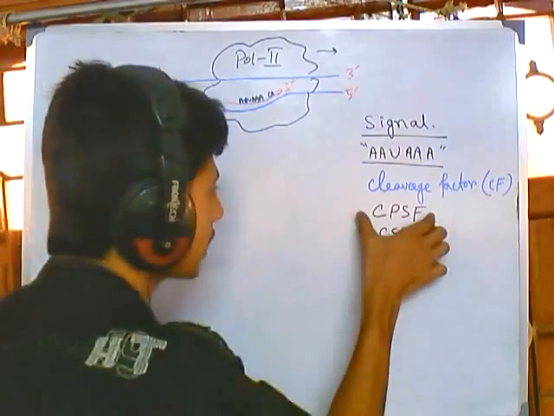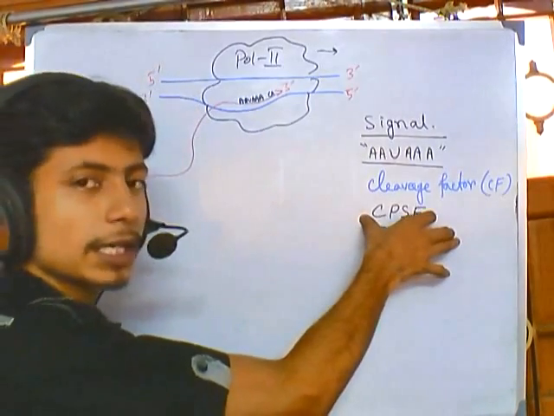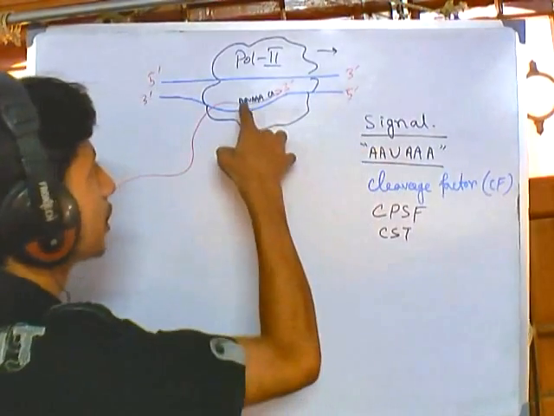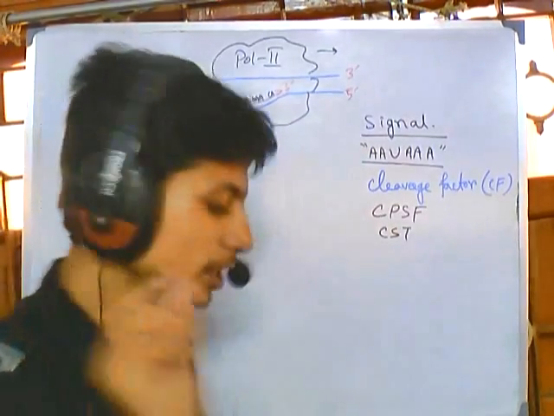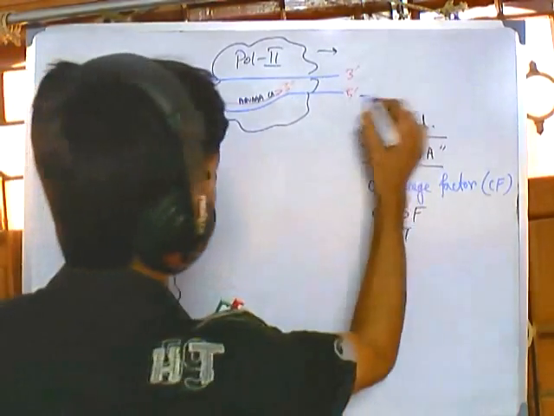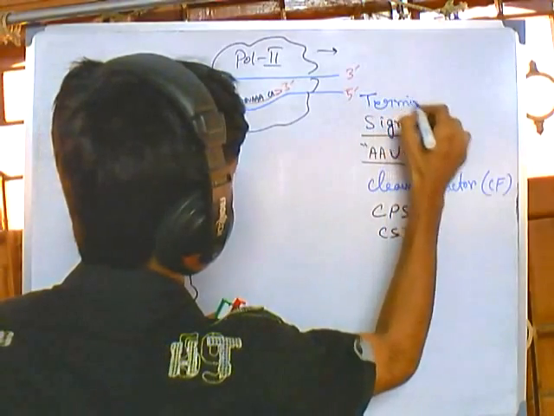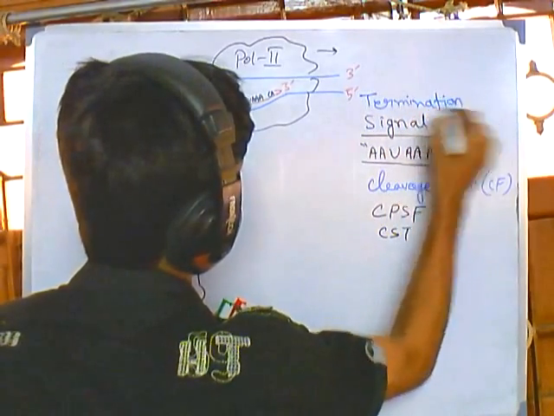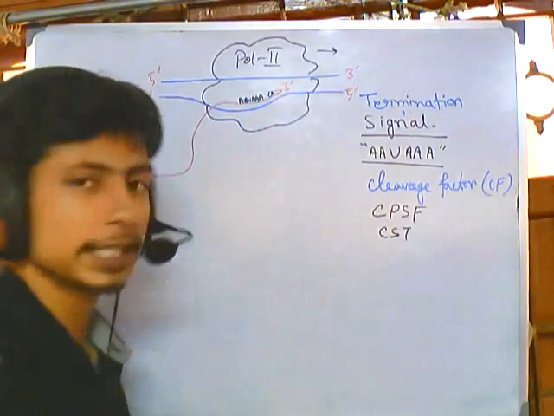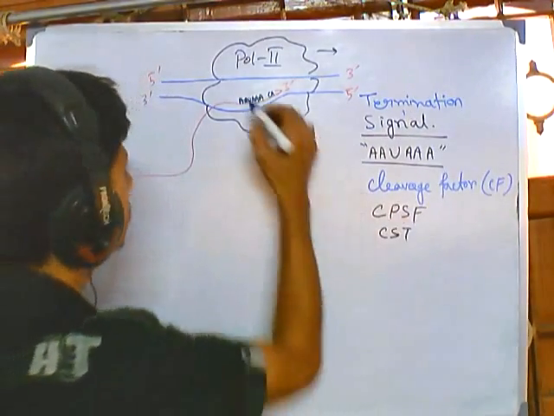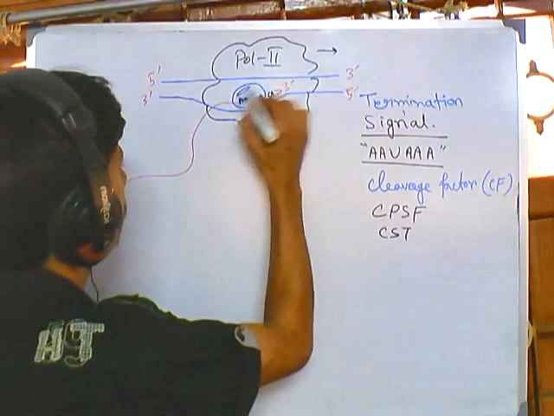Okay, the protein CPSF, cleavage and polyadenylation specificity factor, first recognizes this termination signal. This is called the termination signal. So when they get this termination signal, they recruit CPSF at this point.